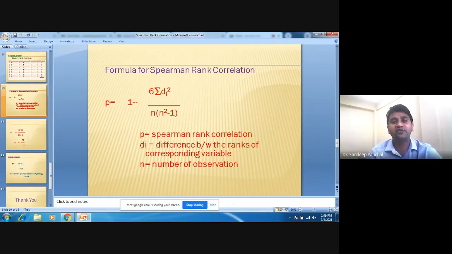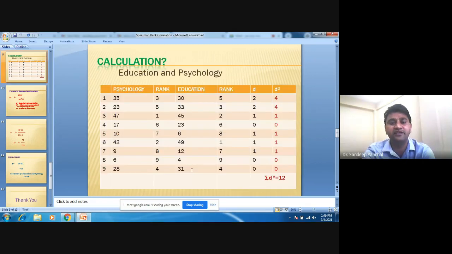We are talking about the difference of rank of psychology and education. N means the number of observations. How many observations have we taken? We have taken 9 observations of education and 9 observations of psychology. So N will be 9.